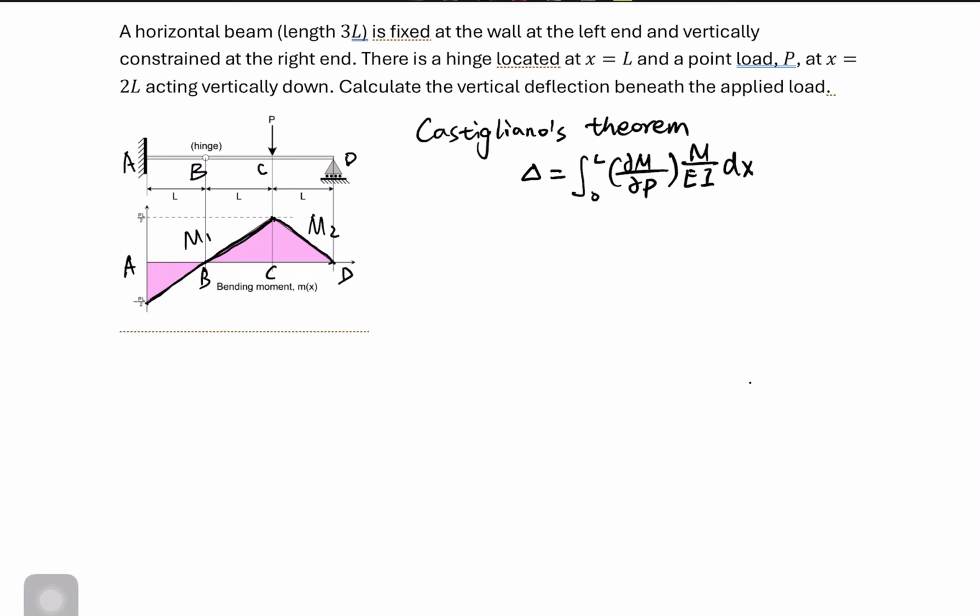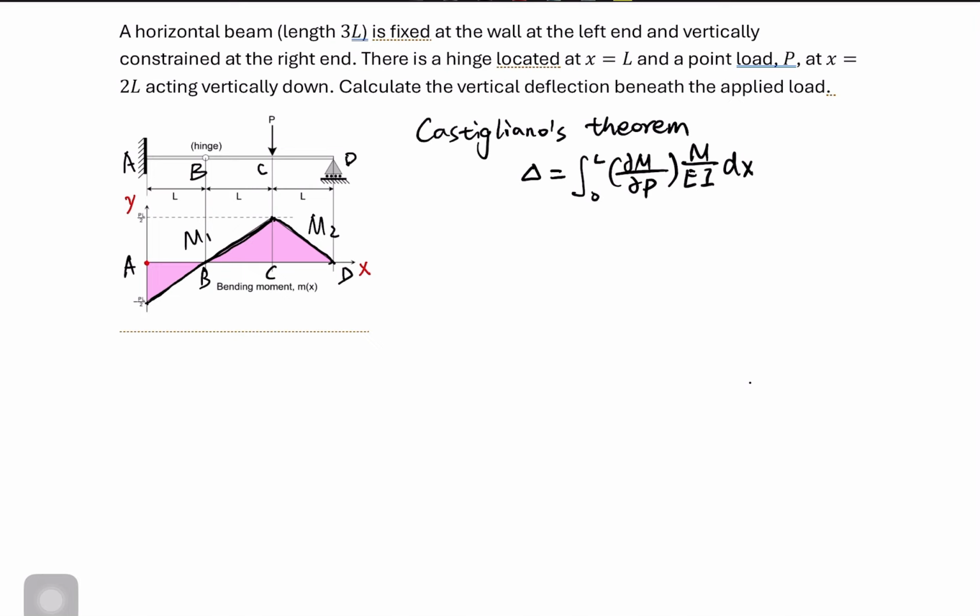Using the coordinate system shown here, the origin of the coordinate system is at point A, and this is y, this is x. So we can write down the function for M1.